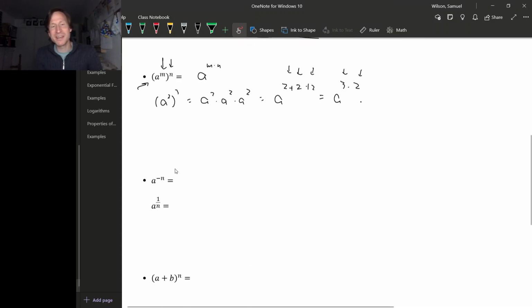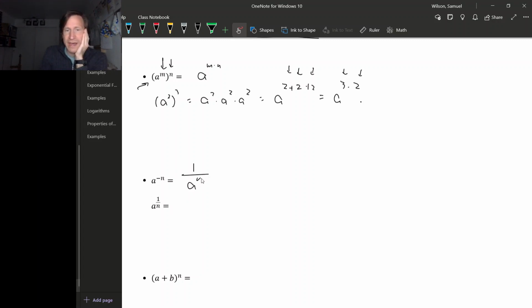Now I keep saying that we define negative exponents and fractional exponents to extend these patterns, but what are those definitions? Just remember that a negative exponent is 1 over that power, and in fact this is even true if n itself is negative.